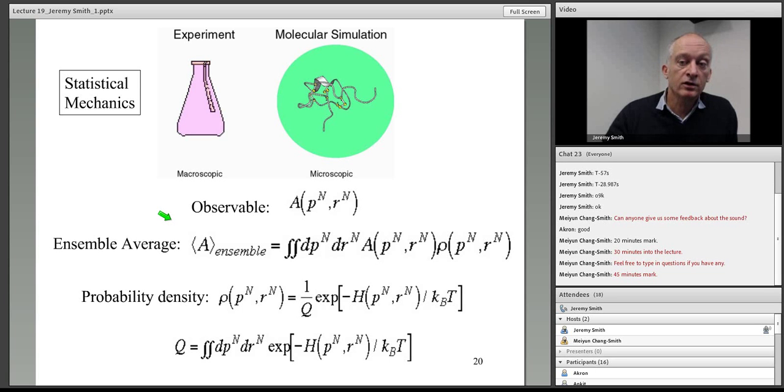So one's assuming that the system is ergodic in that case. And it's a reasonable assumption for most of the systems that we're looking at, the ergodic hypothesis. Assume it, and therefore from the behavior of one molecule over a long time, we say that's equivalent to the behavior of lots of molecules in the experiment.